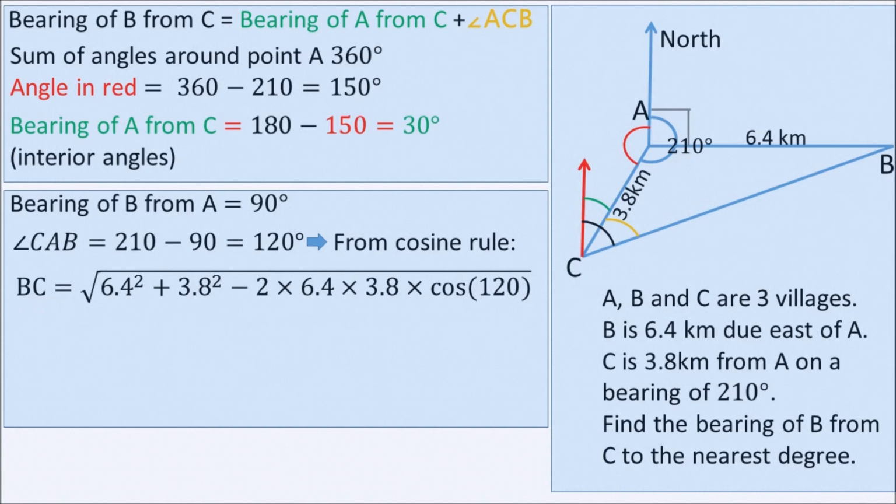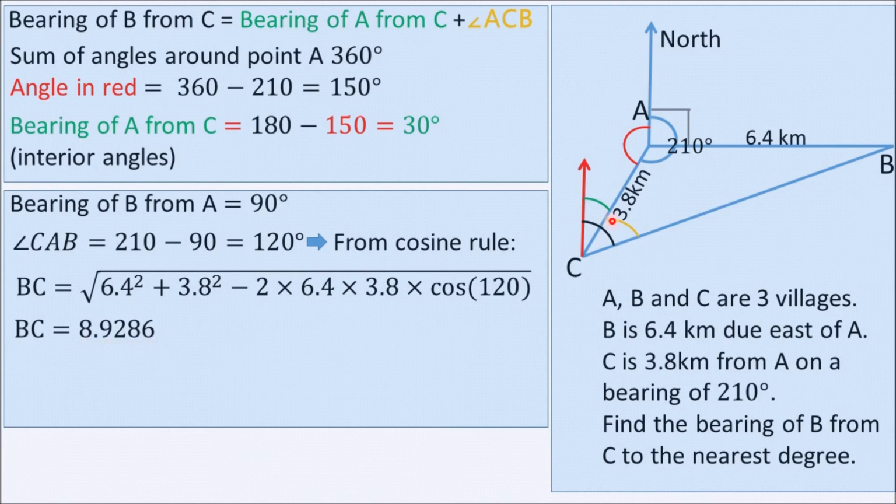And therefore BC would be equal to the square root of 6.4 squared plus 3.8 squared minus 2 times 6.4 multiplied by 3.8 multiplied by cosine 120.